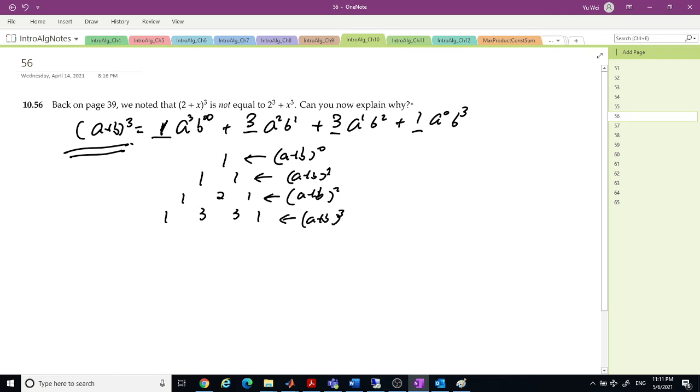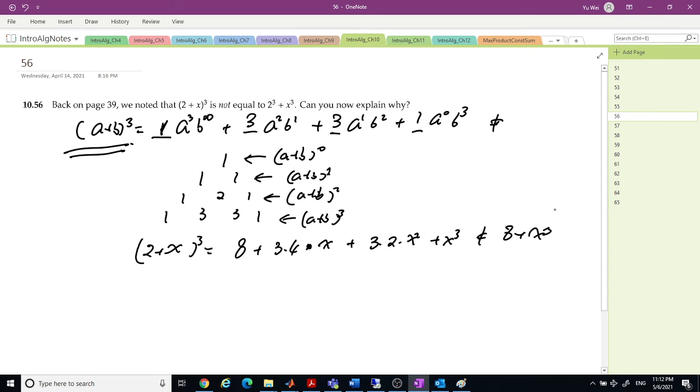Okay, this one does not equal, right? So 2 plus x cubed is equal to 8 plus 3 times 4 times x plus 3 times 2 times x squared plus x cubed, so it doesn't equal 8 plus x cubed.